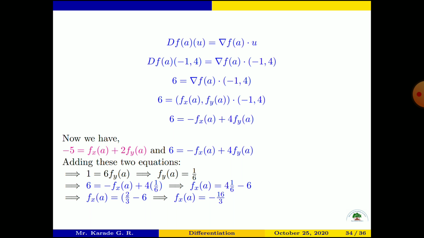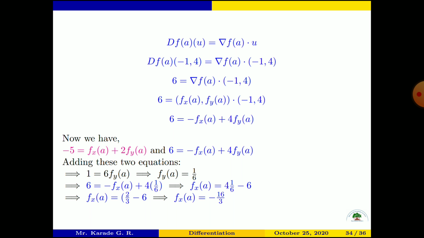In the next step, the left hand side is as it is, 6, and it is equal to the vector with two components fx at A comma fy at A, dot product with minus 1 comma 4. So 6 is equal to minus fx at A plus 4 into fy at A.